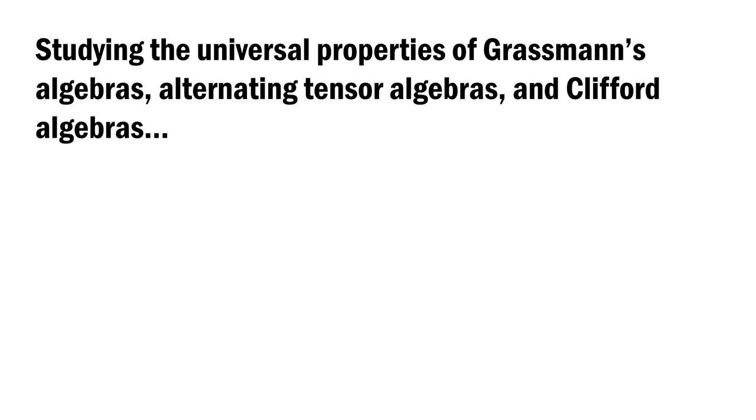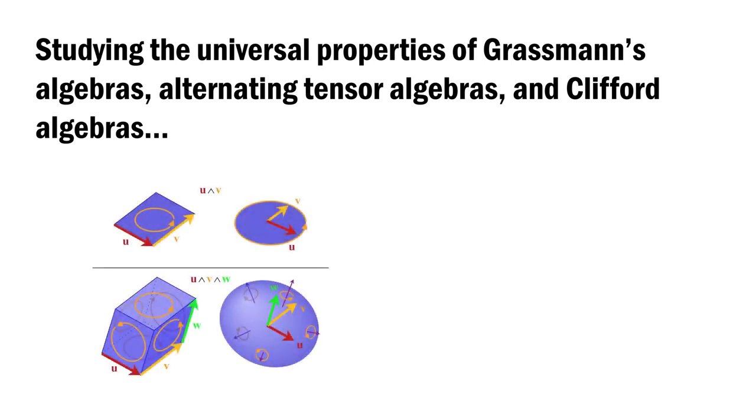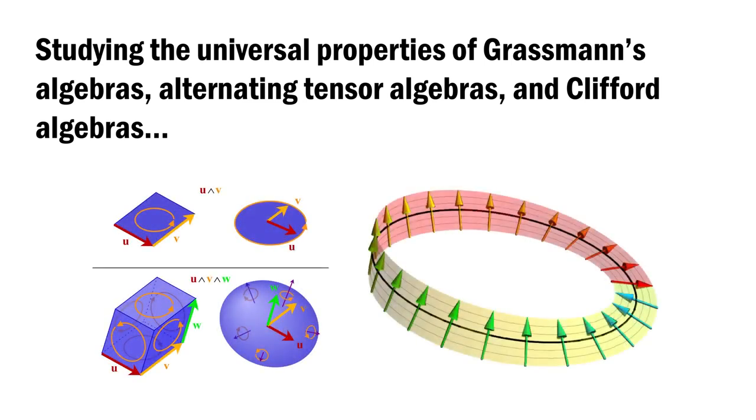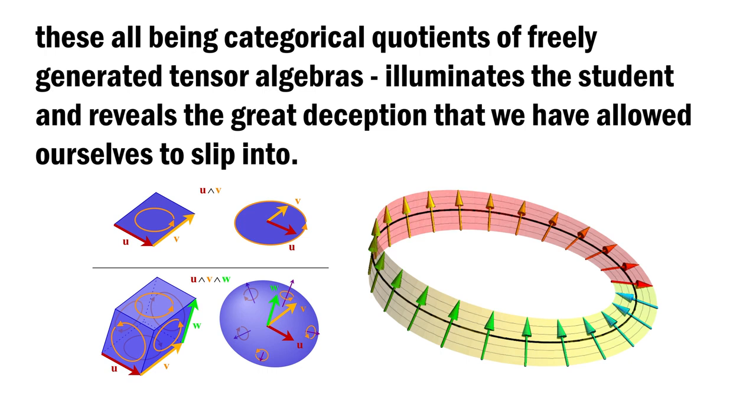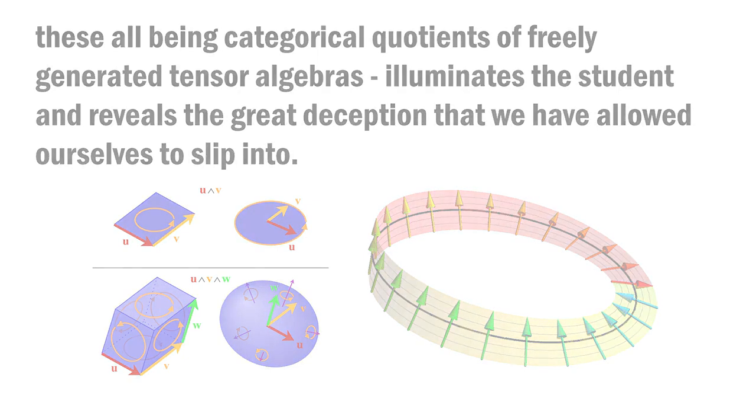Studying the universal properties of Grassmann's algebras, alternating tensor algebras, and Clifford algebras, these all being categorical quotients of freely generated tensor algebras, illuminates the student and reveals the great deception that we have allowed ourselves to slip into.